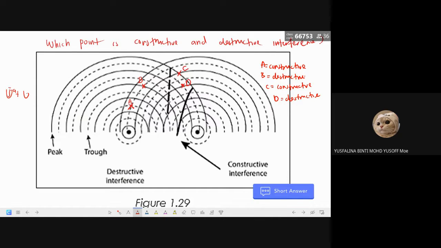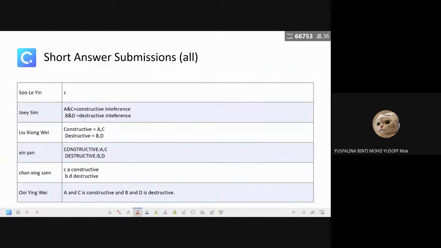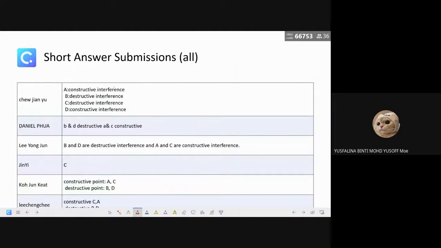Negative A with negative A becomes negative 2A, so this is constructive. Okay, good. C is constructive, B is destructive.